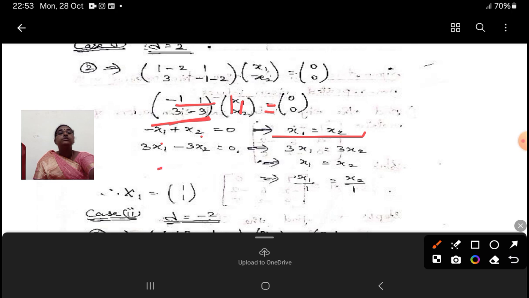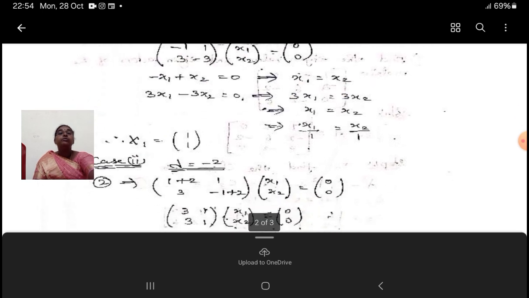From the second equation also, 3x1 equal to 3x2, we can cancel the 3, x1 equal to x2. So from these two equations, x1 divided by 1 and x2 divided by 1. Therefore the eigenvector x1 is (1, 1). So we got the first eigenvector.